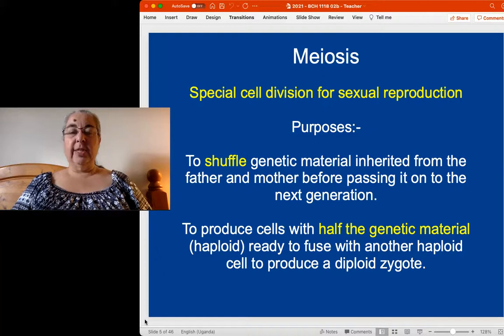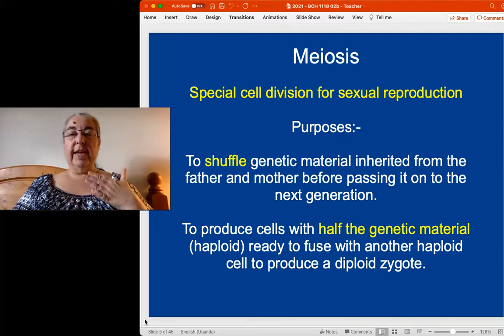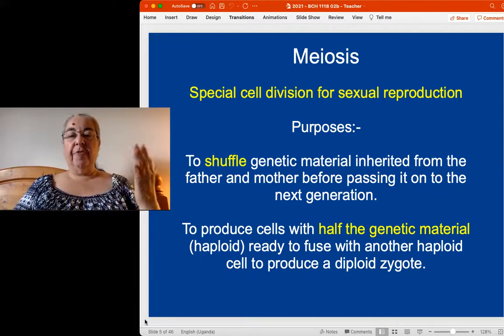It's a special type of cell division that's only used for cells that are going to be used for sexual reproduction. So the two purposes of meiosis, the reason why it's different to normal mitosis, is that it allows a stage that shuffles the genetic material inherited from the two parent cells.